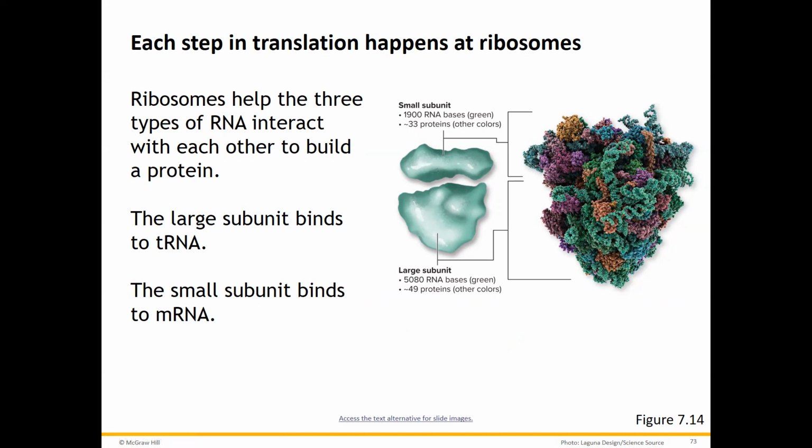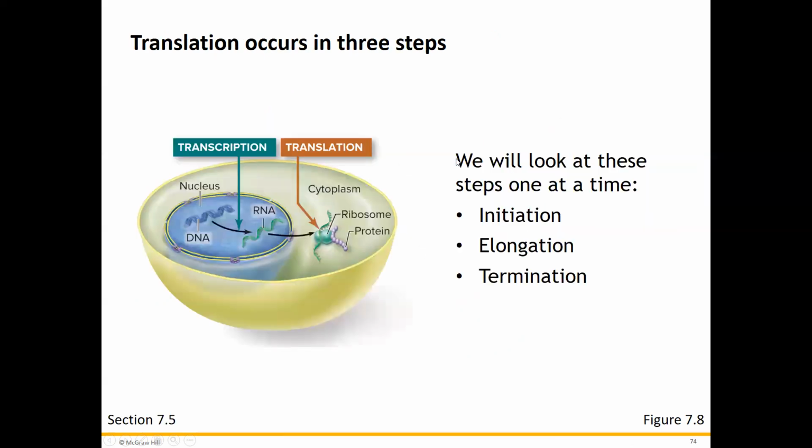The ribosomes are essential for the location of translation. So here's the large subunit. And when the messenger RNA comes out of the nucleus, there's messages and enzymes all over the place. A transfer RNA molecule is going to bind to this large subunit. The small subunit is where the actual RNA transcript is going to land. So it will sit on that.